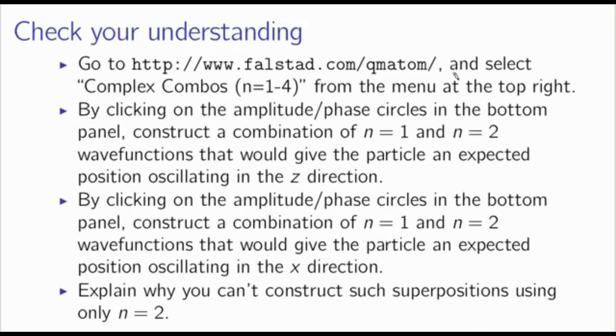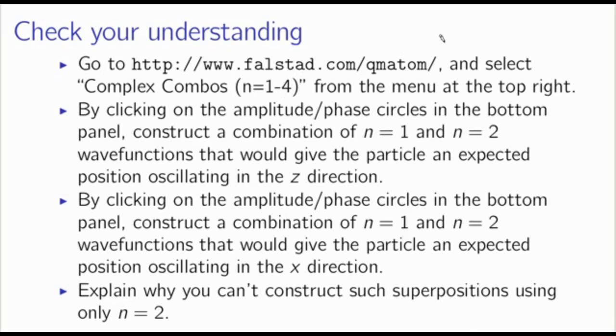To check your understanding of what the hydrogen atom orbitals look like, here are a couple of things that you can try using the simulations at falstead.com. He has a hydrogen atom orbital visualization tool, and you can use it to make complex combinations.